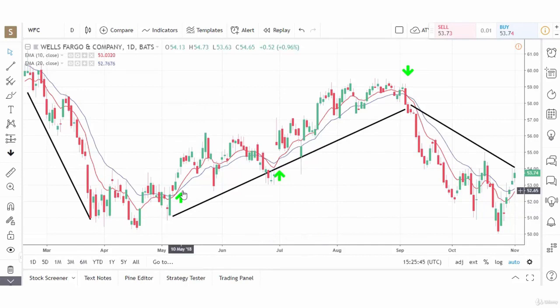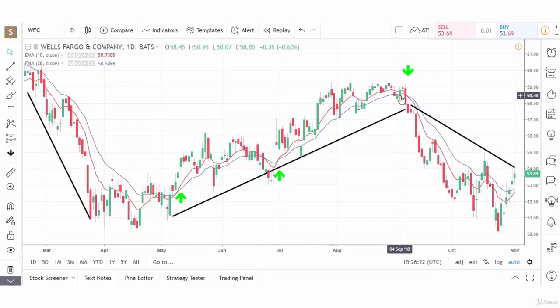Here we see the 10-day crossing the 20-day and giving us our buy and sell signals. Here, where we marked it earlier, we have the 10-day moving above the 20-day after the stock had been in a downtrend. It stays above the 20-day until June. We get a cross to the downside and then another cross to the upside as the stock is in an uptrend here.